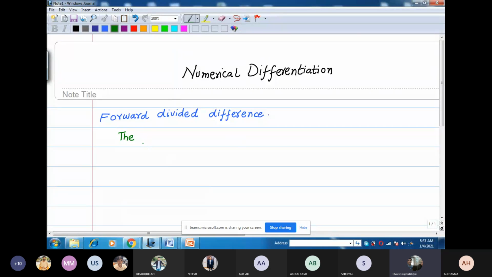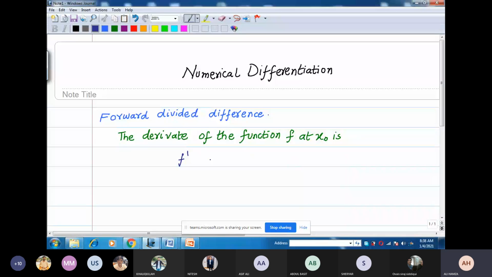The derivative of the function f at x naught is limit h tends to 0 of f of x naught plus h minus f of x naught over h.